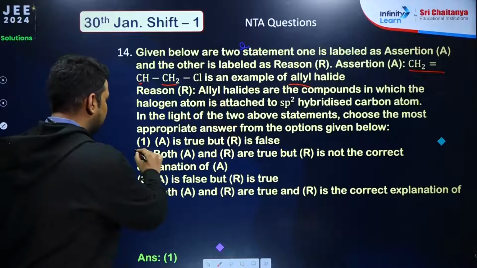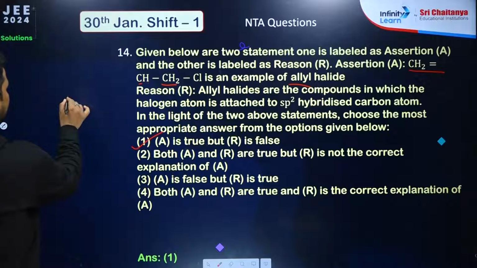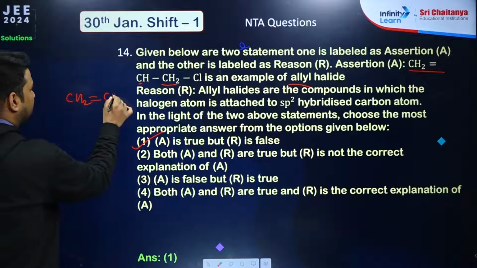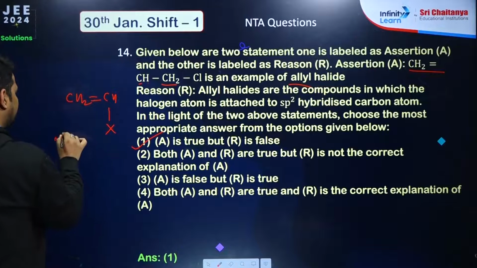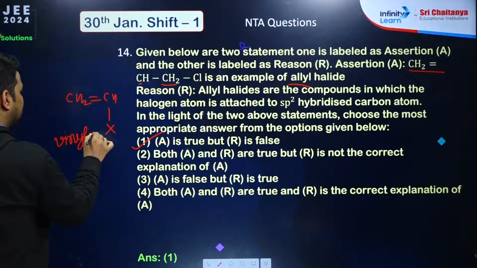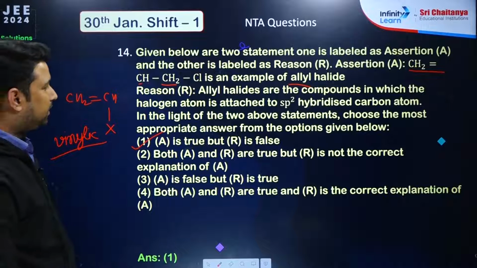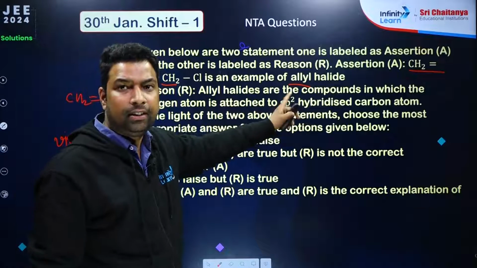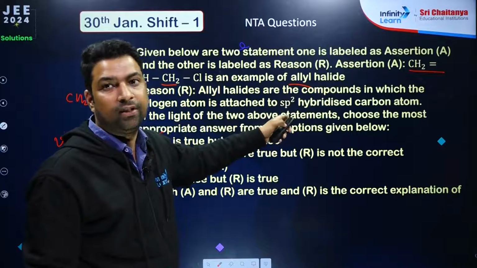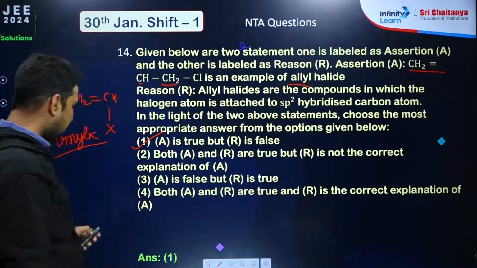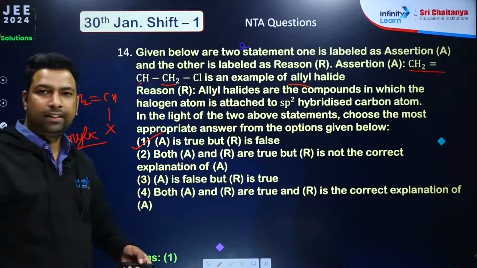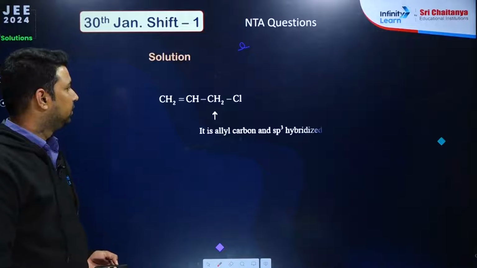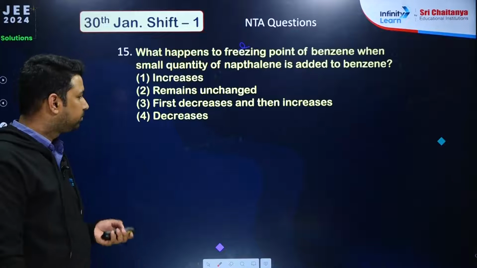So the assertion is true, but the reason is false, because if a doubly bonded carbon has halogen, it is vinylic, not allylic. The reason says attached to an sp2 hybridized atom. It is the definition of vinylic, not allylic. So the answer will be 1. Assertion is true, but reason is false.